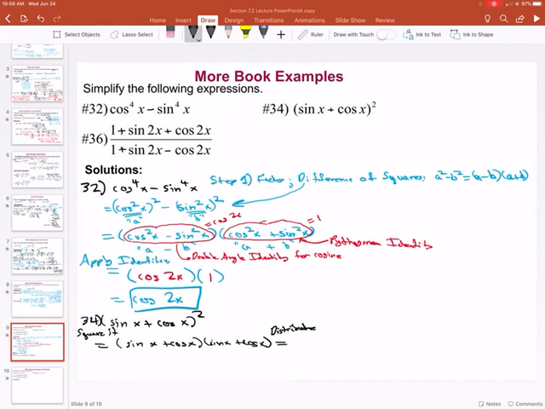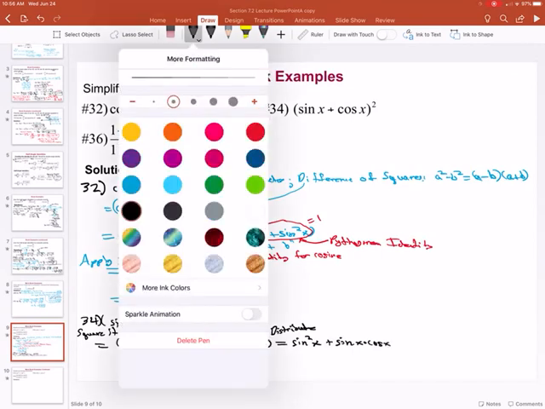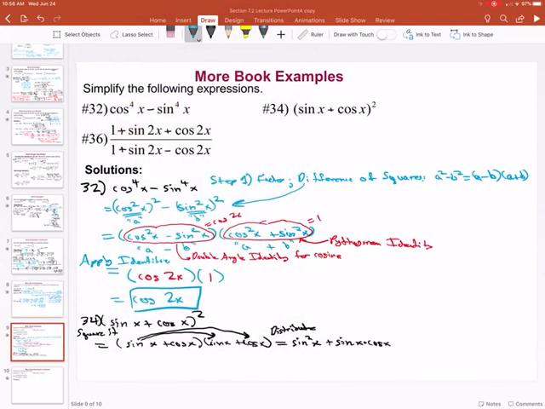Do the multiplication. So we've got the sine of x to distribute through to both terms. As we do that, we have sine x times sine x, which is sine squared x. And then we have sine x times cosine x, which is sine x cosine x. And now in blue, I'm going to distribute cosine x through.